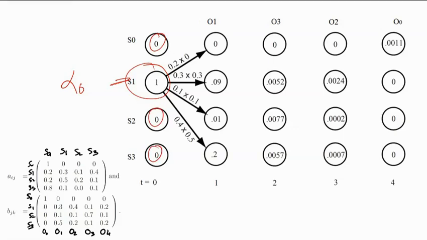Only the alpha which exists is the initial state with 1. Now alpha 0 will be multiplied, that is the probability at state S1, I know it is 1 because this is the beginning, multiplied by this 0.2. So you go to the table. I am actually calculating the transition from S1 to S0.